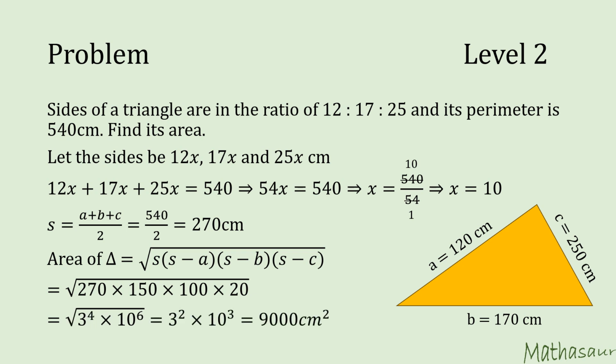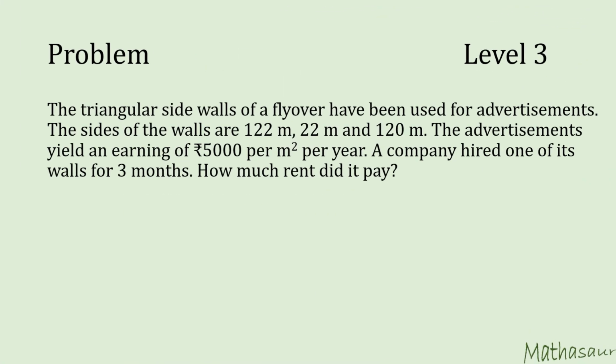We see that area of this triangle is 9000 centimeters square. Let us look at another problem. The triangular side walls of a flyover have been used for advertisements. The sides of the walls are 122 meters, 22 meters and 120 meters.